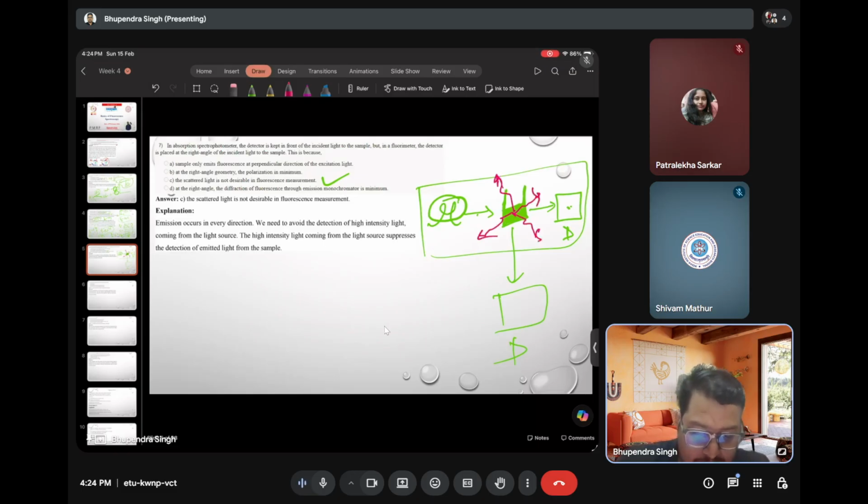But if you keep your detector here for a fluorimeter, it will also detect your excitation light, so it will suppress your emission signal. So that is why we have to keep it here, because there is no problem, as it is directionless. That is why we are collecting at 90 degrees. So option C is correct.